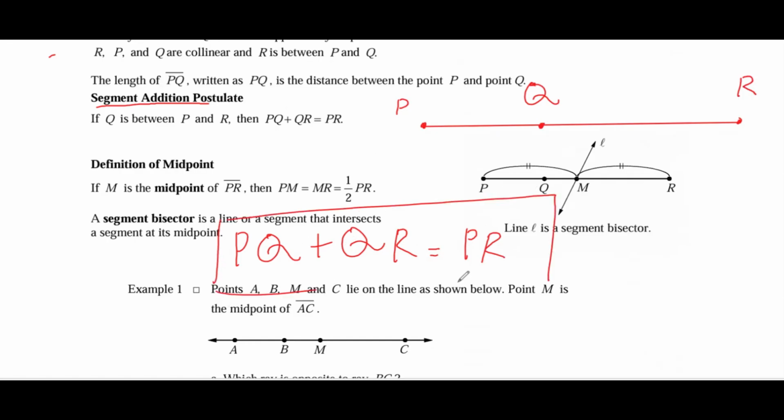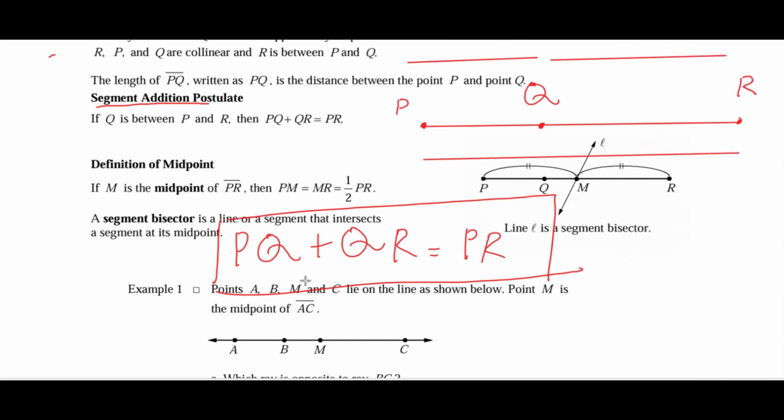It means that the distance of PQ plus the distance of QR, when we add them, would be equal to the distance PR. This formula is known as the segment addition postulate.